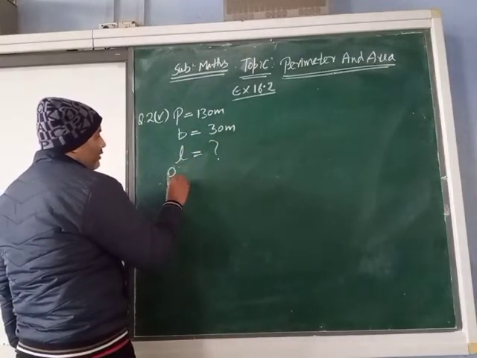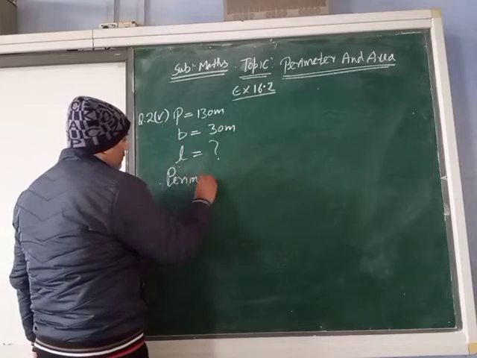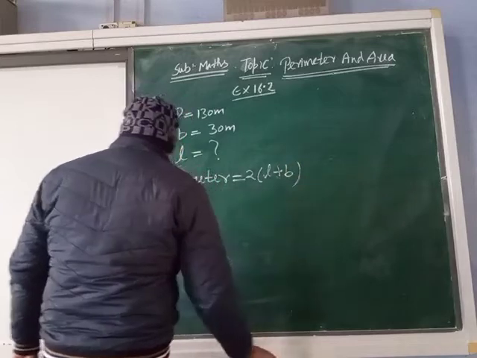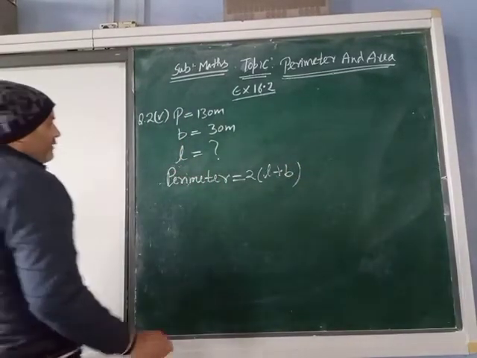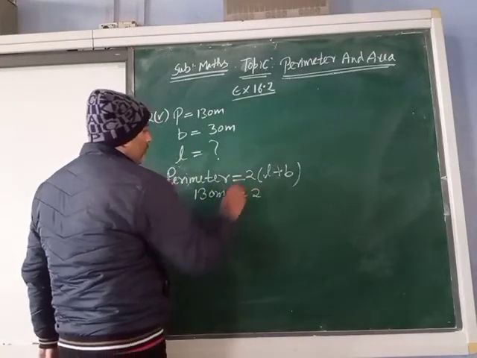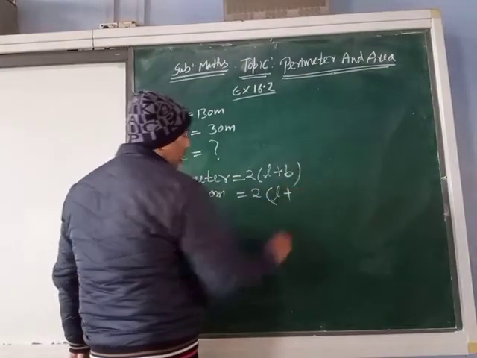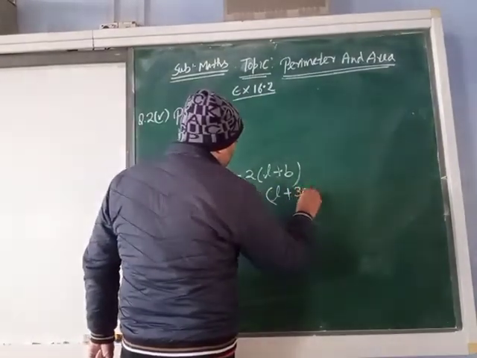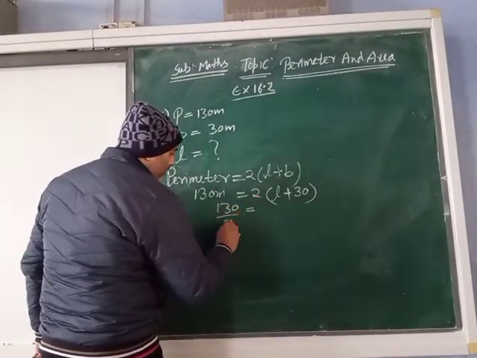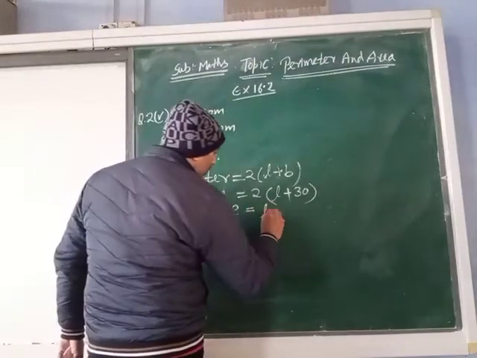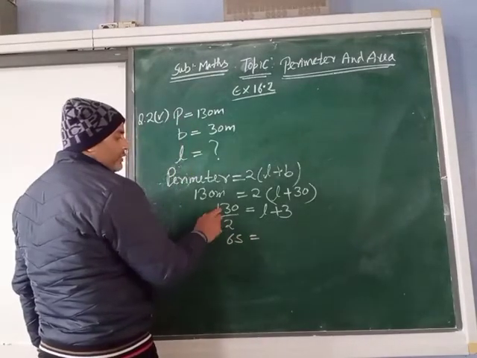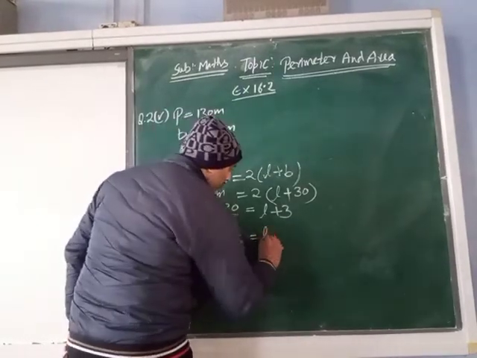Now we know the perimeter of a rectangle is 2 in bracket length plus breadth. Perimeter is given, 130 meter, equals 2 times (L plus 30). Now 130 divided by 2 on the right side: 65. 2 6s are 12, 2 5s are 10.